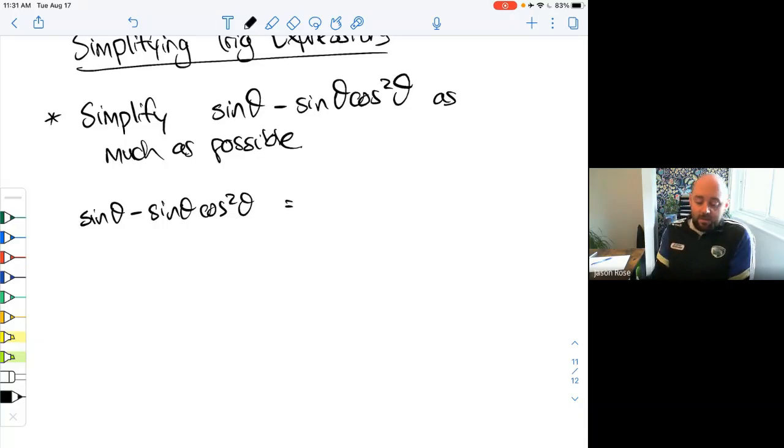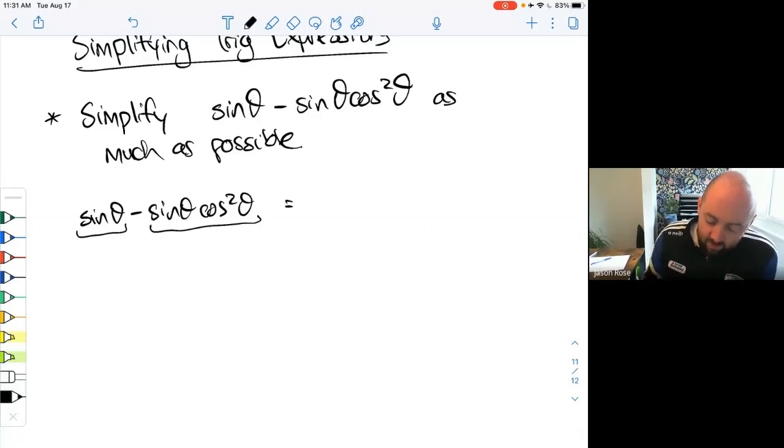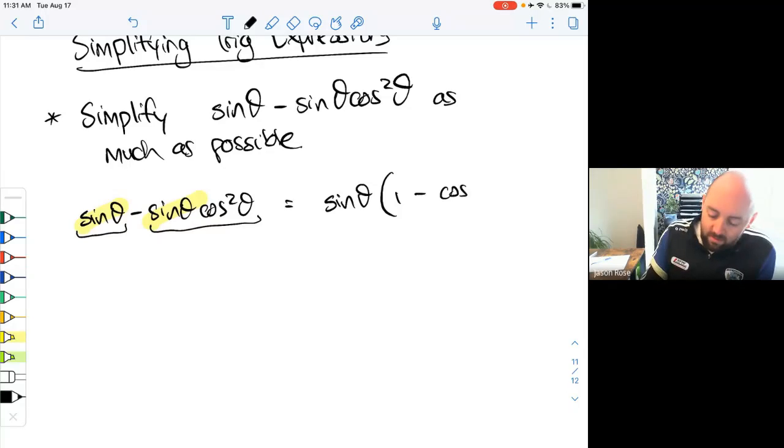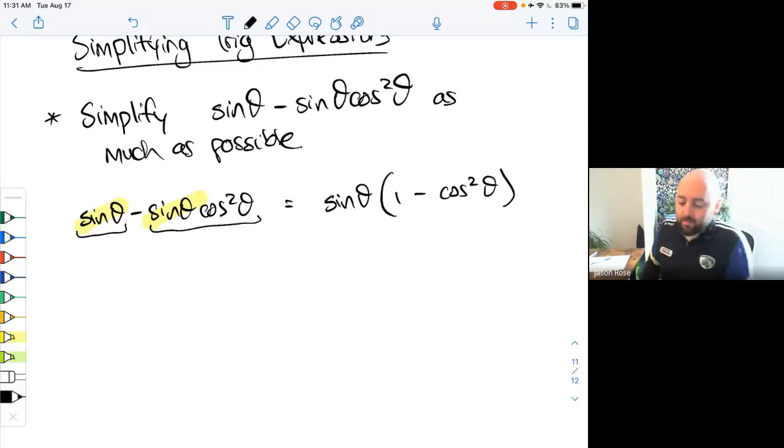Factor, yeah, Lewis. I might say to myself, I have two terms here. They both have sine theta. So I'm inclined to say, let's factor that sine theta out. And when I do, I'm left with 1 minus cosine squared theta.